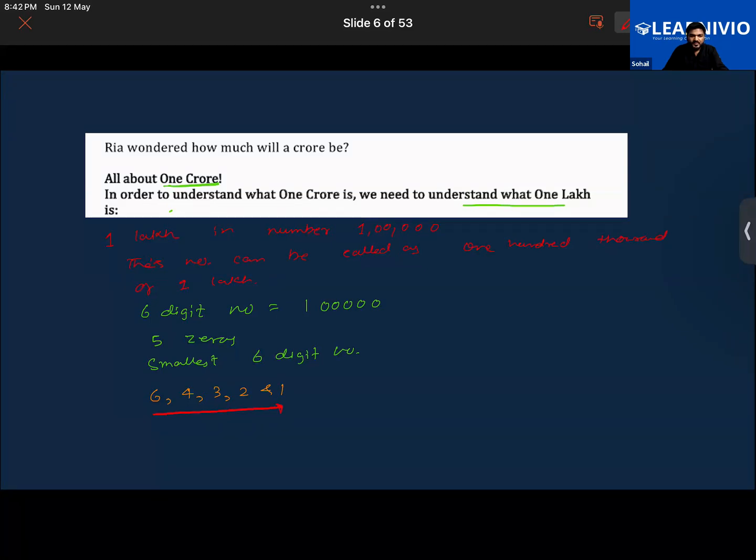Abdullah, right now we are trying to understand a few basic things. Then we will be continuing with the Indian numeral system. Today we will be doing some questions on the Indian numeral system, and if time permits, we'll be studying the international numeral system also. You have digits 6, 4, 3, 2, and 1.